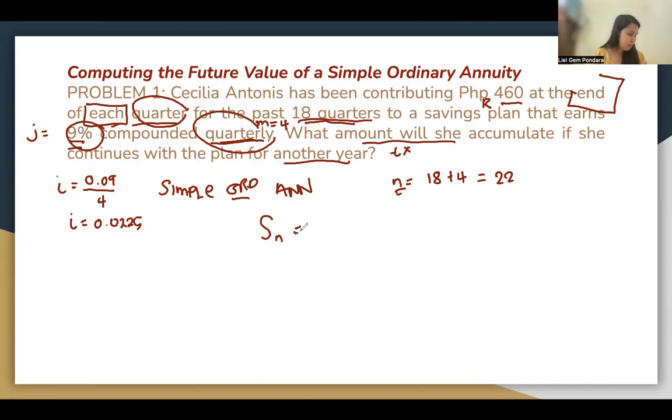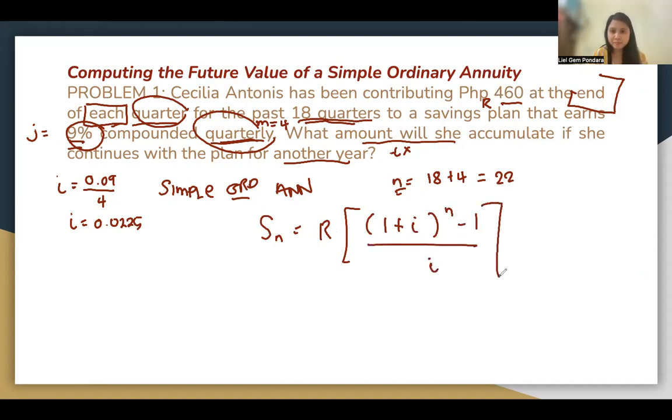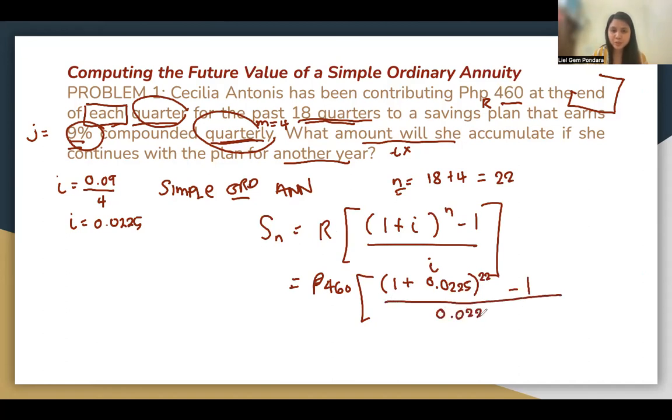We're looking for S of N. It's going to be R times 1 plus I to the power of N minus 1 over I. That will be 460 times 1 plus 0.0225 to the power of 22 minus 1 over 0.0225. What is our answer?